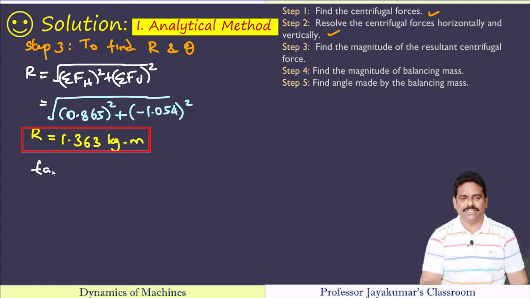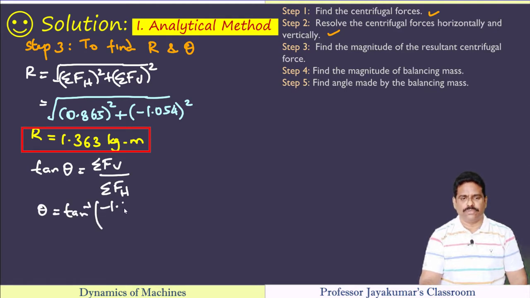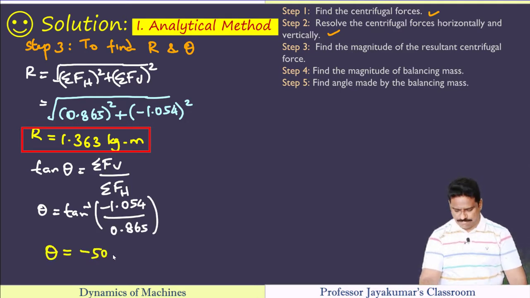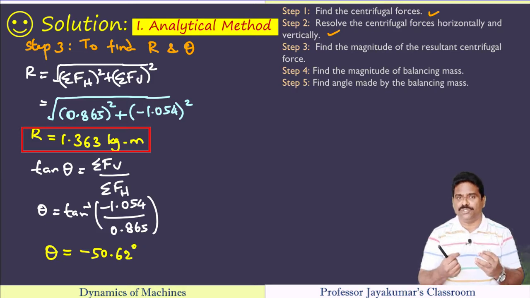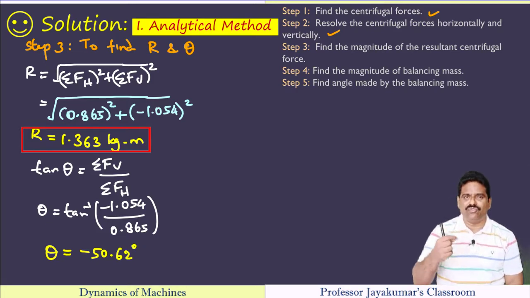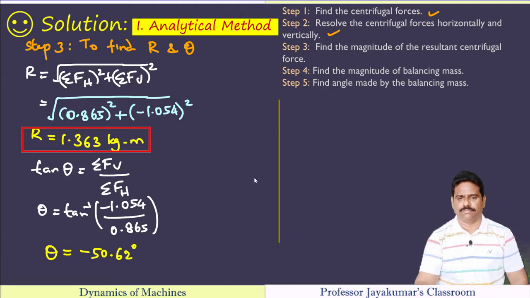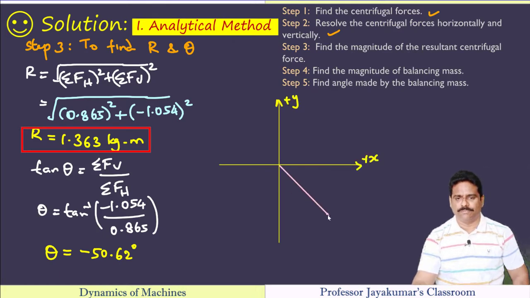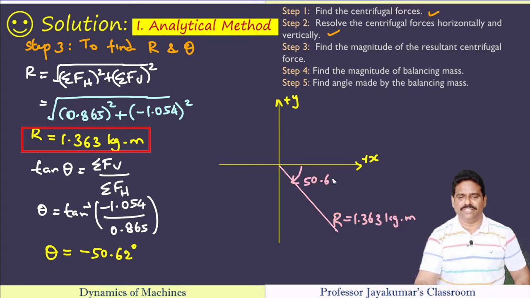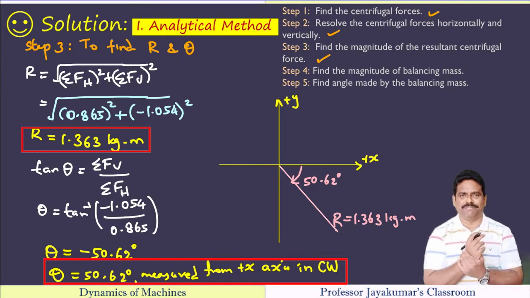We know that, minus 50.62 degree denotes that the resultant force acts at 50.62 degree measured in clockwise direction. So we have completed step number 3.